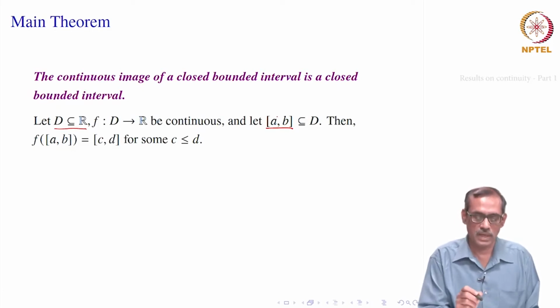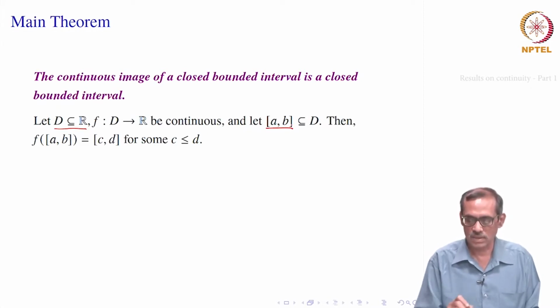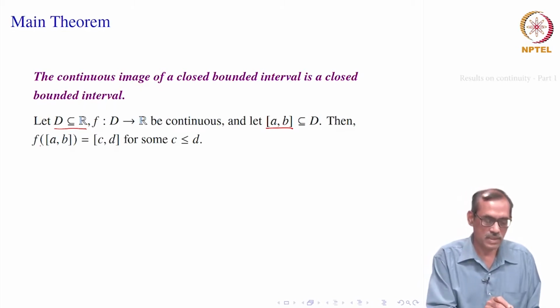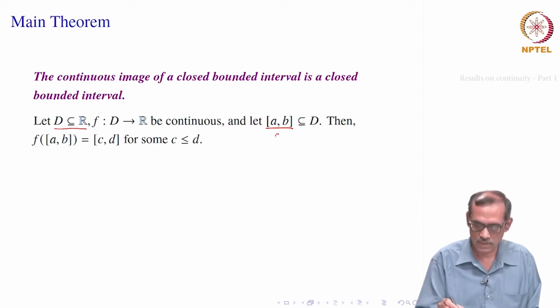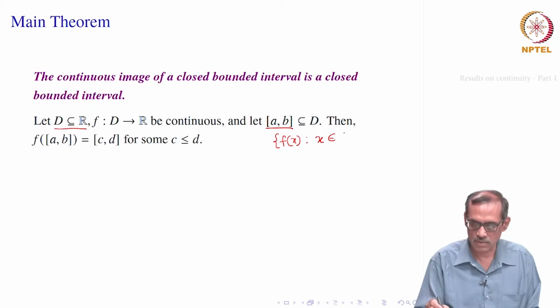Of course, we are only interested in defining continuous functions on intervals or unions of intervals. So, this assumption is not a big thing for us. So, suppose D contains such a closed interval. Now, let us take any closed interval [a, b] which is a subset of D. Then its image, f of [a, b], is the set of all values f of x such that x varies over the closed interval [a, b].